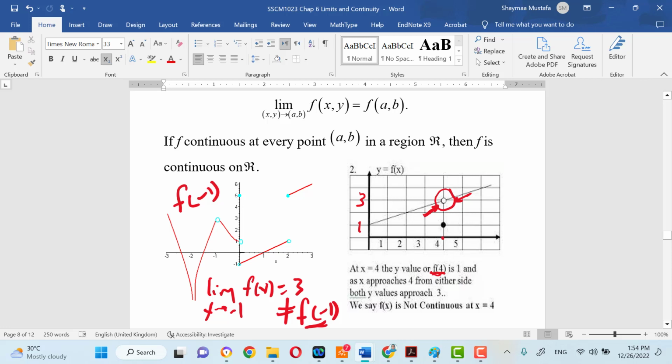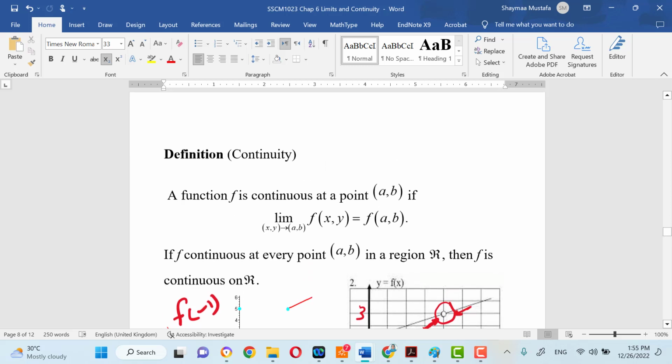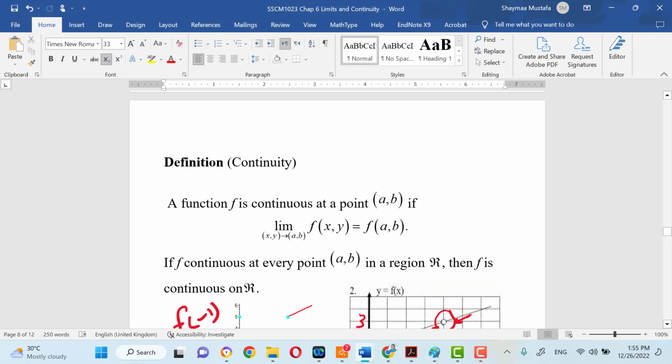So the limit exists and equals 3, but the function is still discontinuous because f(4) is not equal to 3, it is equal to 1. It is a similar concept for a two-variable function. For a two-variable function, to say that this function is continuous, the limit should exist and be equal to the value of the function at this point.